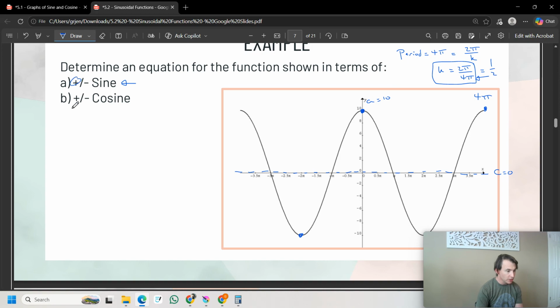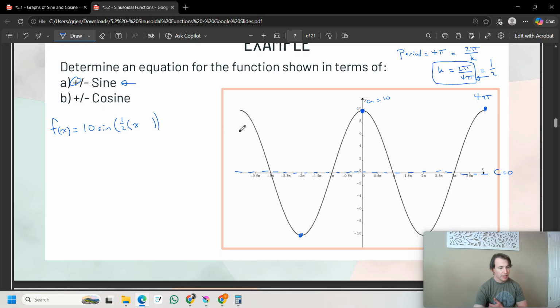Okay, so let's do positive sine first. So we have f of x is equal to 10 sine of bracket 1/2 bracket x plus or minus d. Okay, we're going to leave that for a second. Plus 0, so I'm just going to leave it.